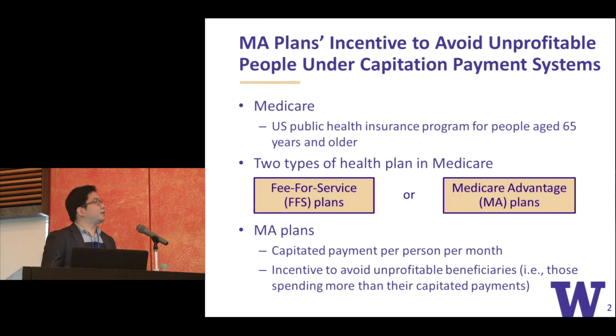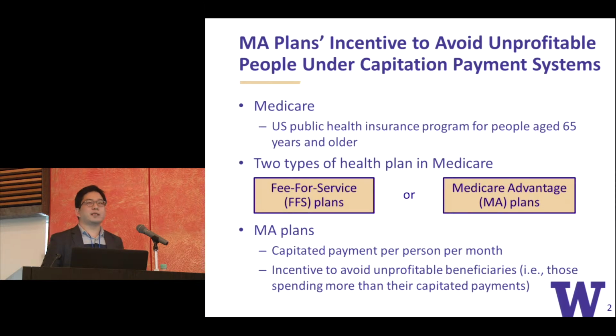Medicare is one of the U.S. public health insurance programs, and Medicare provides health insurance coverage to the elderly population in the states, so people who are older than 65 years. And in Medicare, there are 2 types of health plan, fee-for-service plans or Medicare Advantage plans.